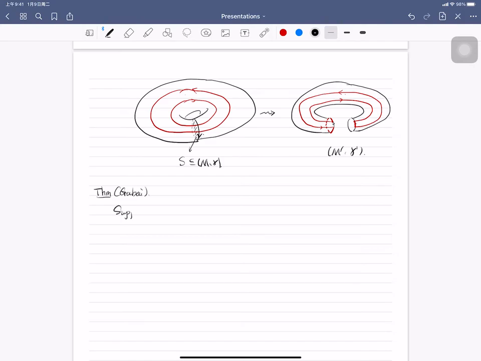Suppose we have a taut balanced suture manifold. Of course, balanced suture manifolds are only a subset of all taut suture manifolds, but today I'm going to focus on the case of balanced suture manifolds. So if we have a taut balanced suture manifold, then there is a finite sequence of decompositions.